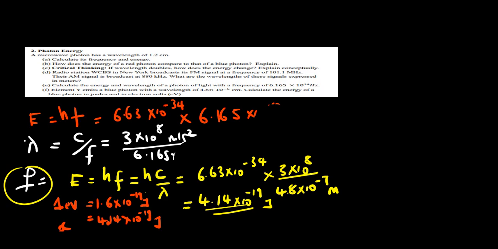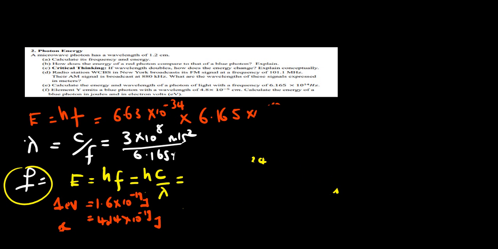So what would be our answer if we just cross multiply? We have 1.6 times 10 to the power negative 19 joules. X is equal to 4.14 times 10 to the power negative 19.